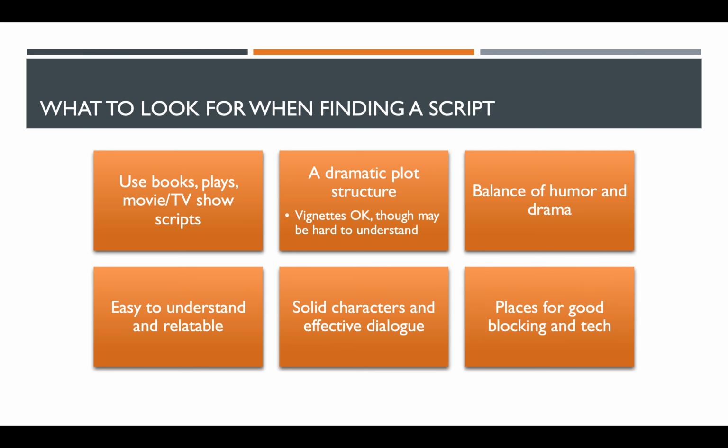And then last but not least, you want to be looking for places with good blocking and good tech. Blocking is sort of creating the environment of your speech. So for example, if your speech takes place in a cabin in the woods, you want to make sure that that cabin is very clearly depicted through your offstage focus.